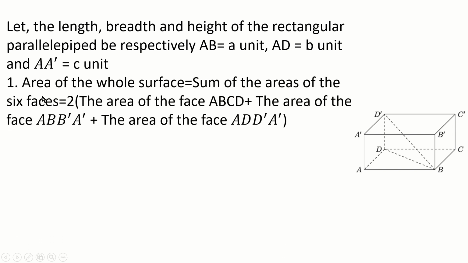number one. Area of the whole surface. Here are total 6 surfaces. This equals, we can write 2 into the area of the face ABCD. ABCD means A, B, C, D, that means the bottom surface. As the bottom surface and top surface are congruent to each other, the area of bottom surface and top surface are the same.